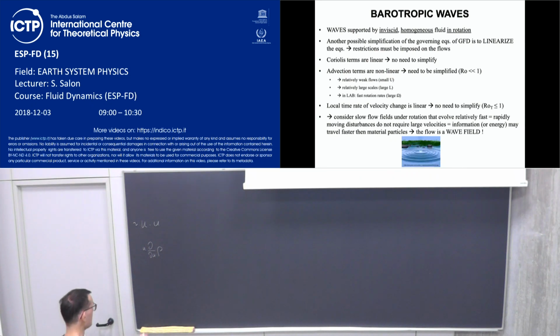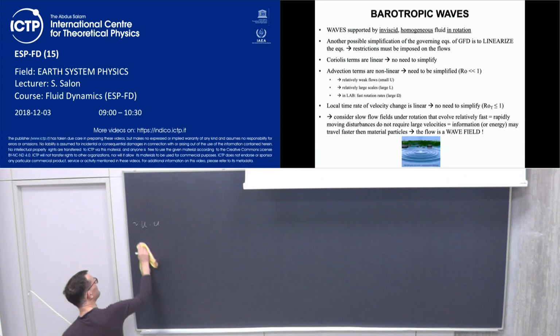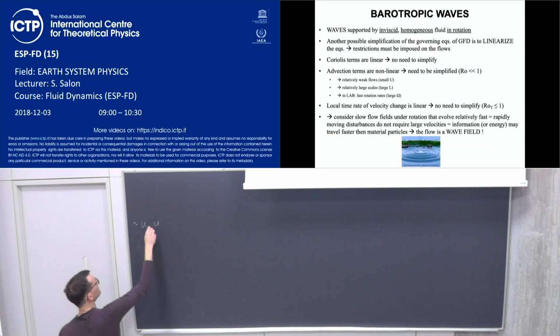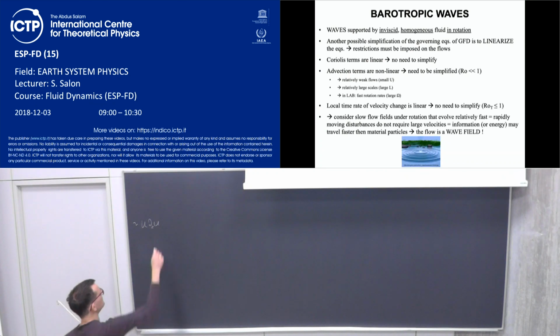Since we are now again considering a homogeneous fluid, we do not have any worry about that, but still we can consider a simplification of any terms that have this multiplication between the velocity, which are of order u squared over L. This means to linearize the equation and therefore to have another kind of simplification of our system.